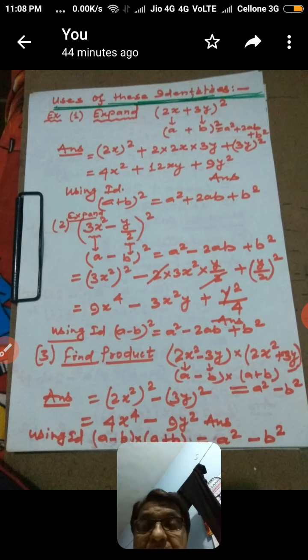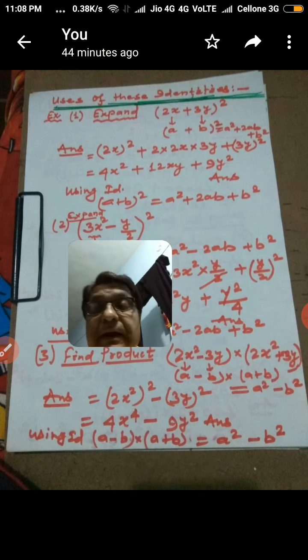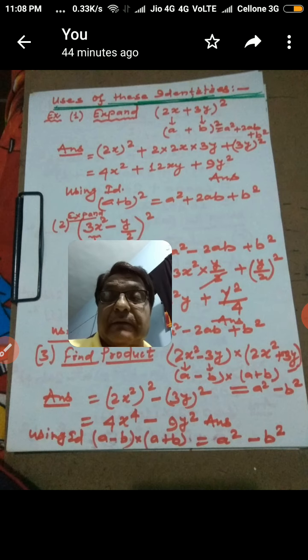Since these are again unlike terms, this is the answer. Now write what identity you have used. Below that we write: using identity (a - b) into (a + b) is equal to a square minus b square. I am 100% sure that you all have clear ideas about the use of these identities.